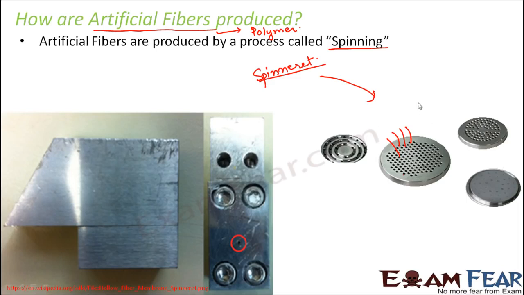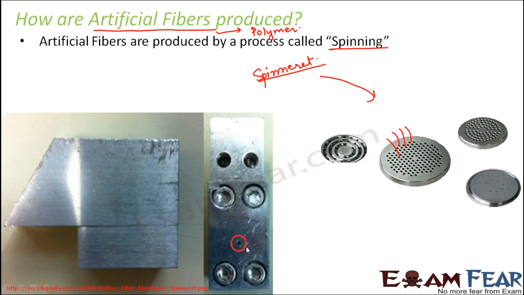Since the polymers are viscous and liquidy, they are then solidified, and when they solidify, they form long thin threads, and those threads are nothing but the fibers. This process is known as spinning. Why spinning? Because here you see they are spinning through a device called a spinneret and coming out as long threads. Because of this entire process, it is called spinning.